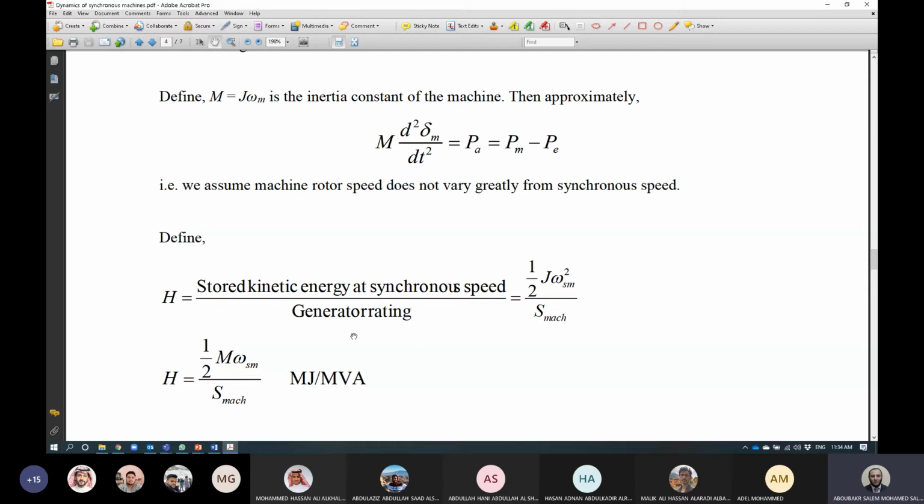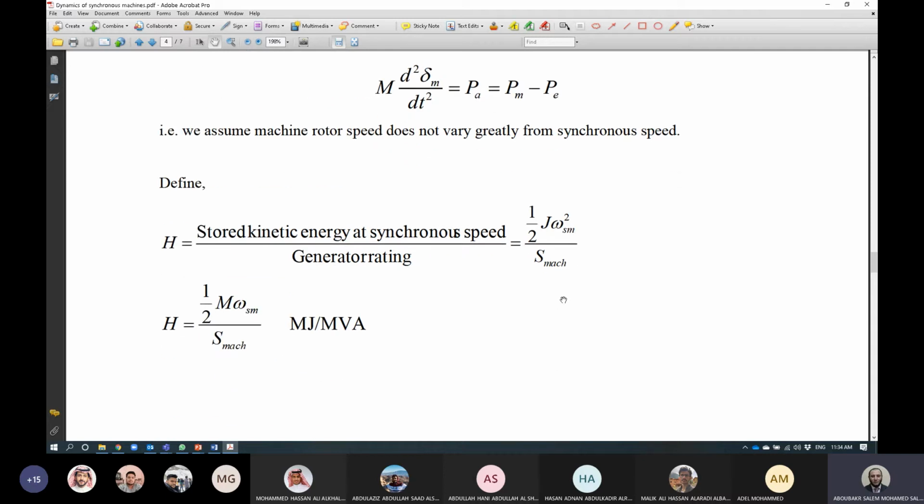generator rating. Of course, this is the generator rating. There is a space here. Okay, so this is the apparent power. So H is defined as kinetic energy over the apparent power.